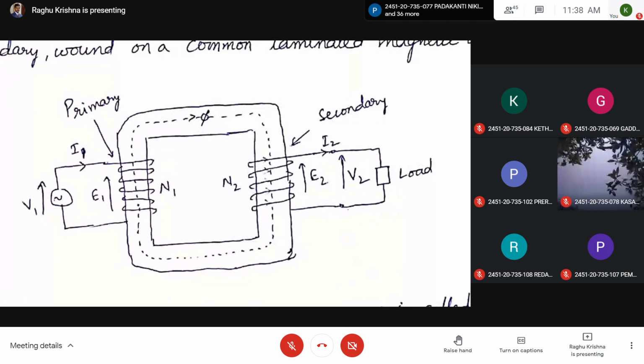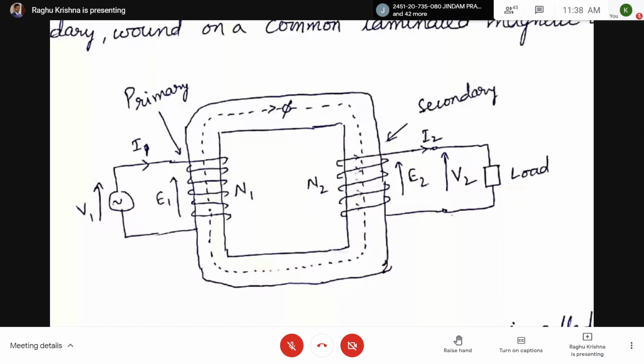Next, you can see the same flux is linking with the secondary coil, the secondary winding. In the middle you have the magnetic core, and flux phi is flowing in this magnetic core. This flux phi links with both primary and secondary, and it induces EMF E1 in the primary and EMF E2 in the secondary.